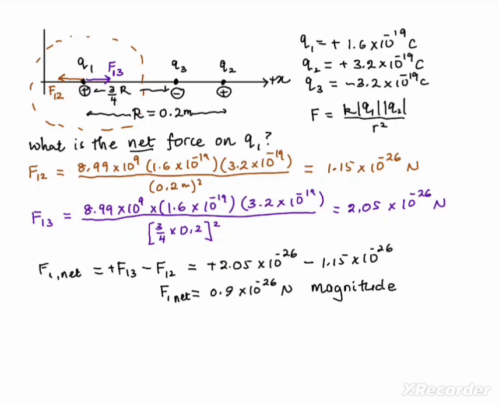Now vectors have both magnitude and direction, and force is a vector. So what is the direction here? As you can see, this is a positive value, which means F13 is greater in magnitude than F12, so the net force is in the positive x direction.